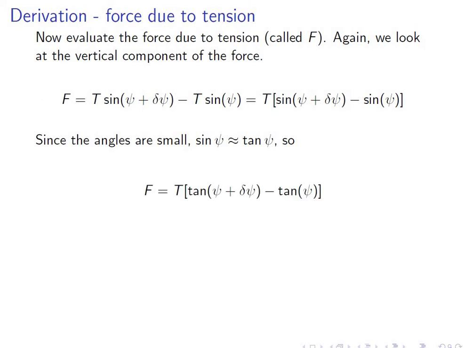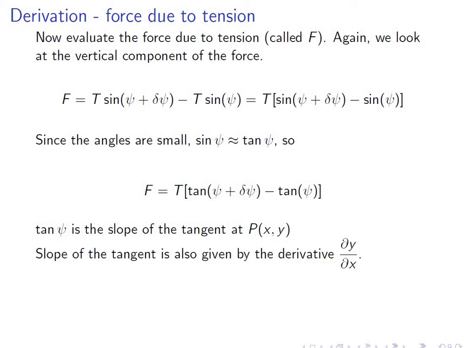So the force is T times (tan(ψ + Δψ) − tan ψ). Tan ψ is just the slope of the tangent at the point P. But remember that the slope of the tangent is also given by the derivative ∂y/∂x at that point.